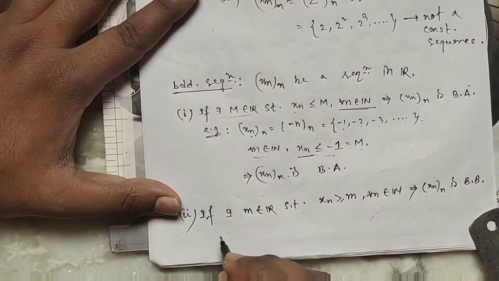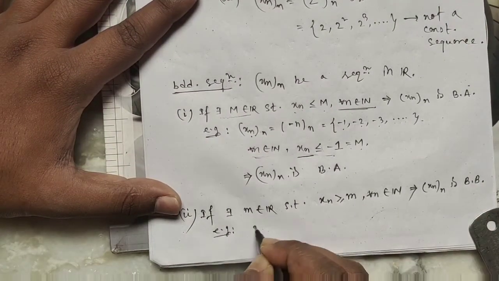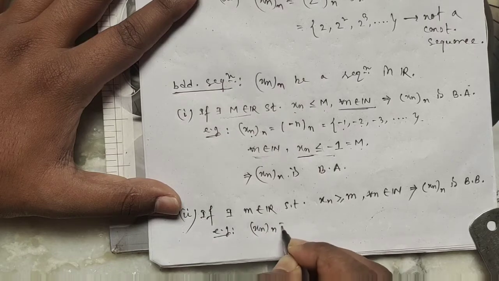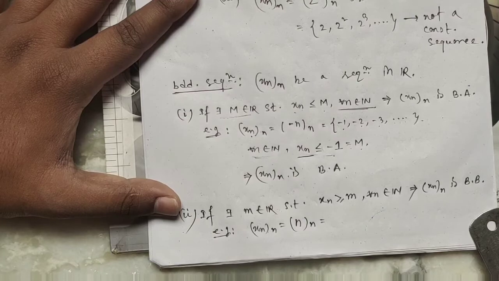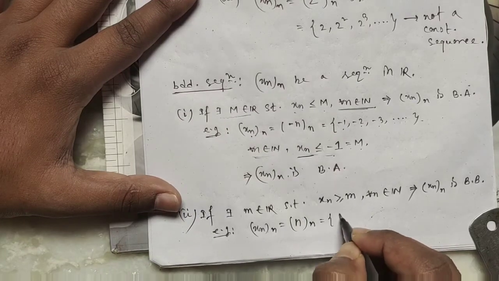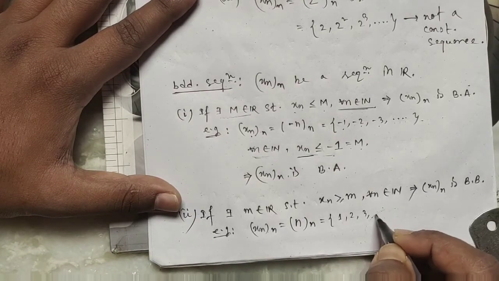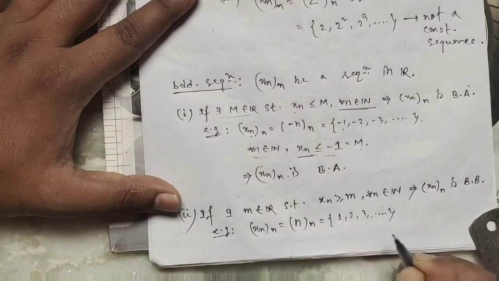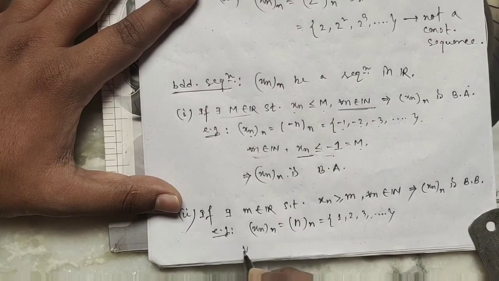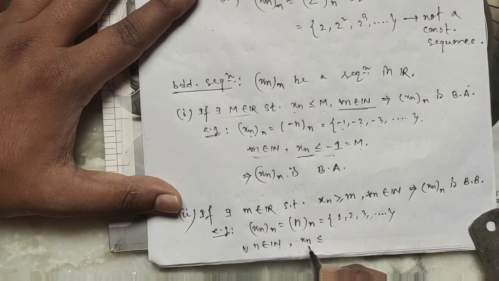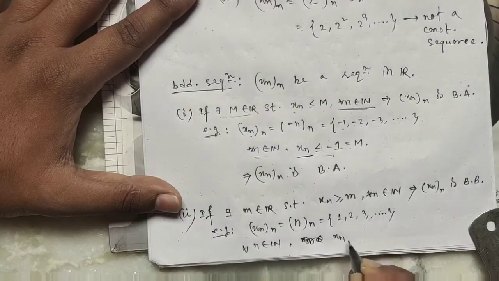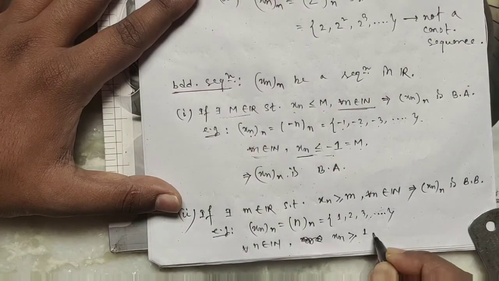For example, xn equal to n, that is 1, 2, 3 and so on. For all n belongs to natural number, each term of the sequence is greater than or equal to 1.